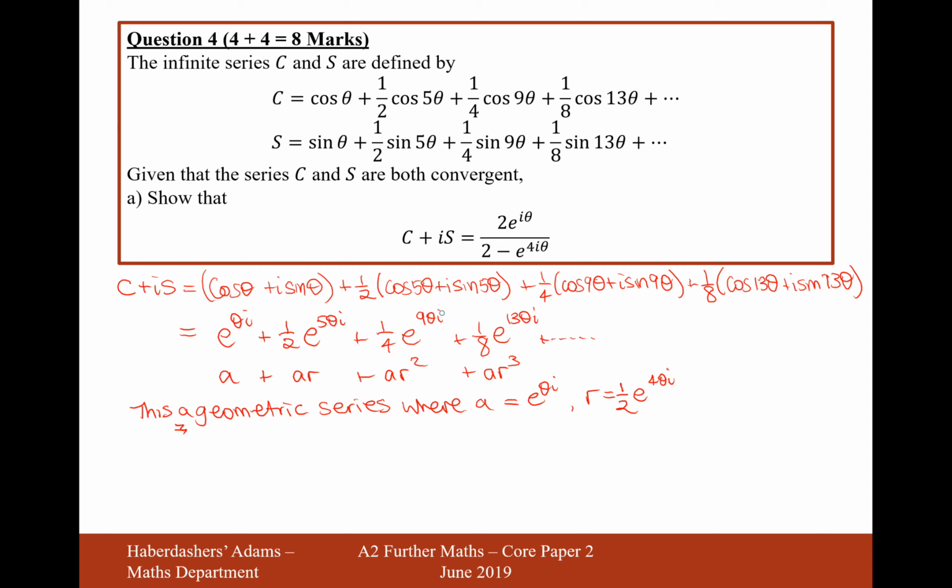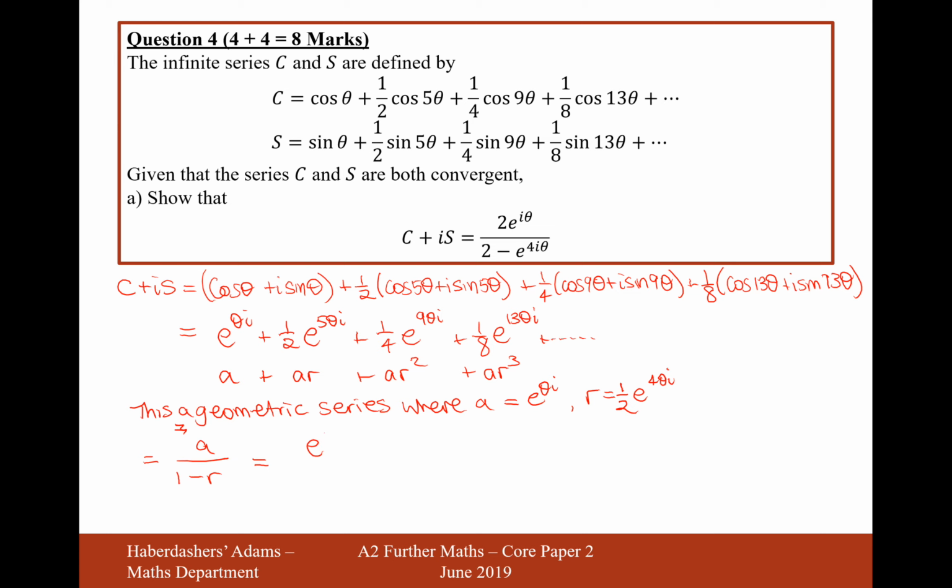So this is an infinite series as well, so we're going to be using the formula a over 1 minus r, so therefore it's going to be e to the theta i over 1 minus a half e to the 4 theta i. Now the final thing we need to do to make it into this thing we want to show is just times top and bottom by 2.